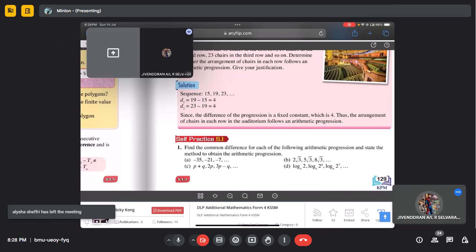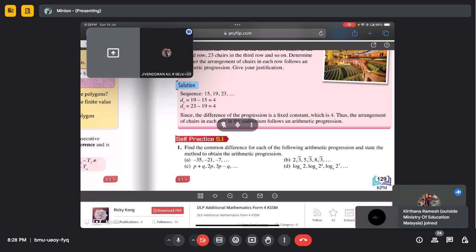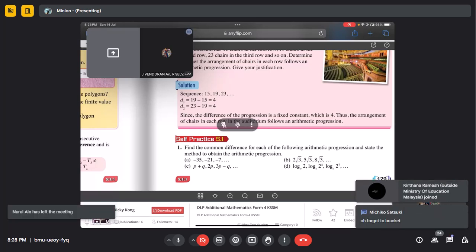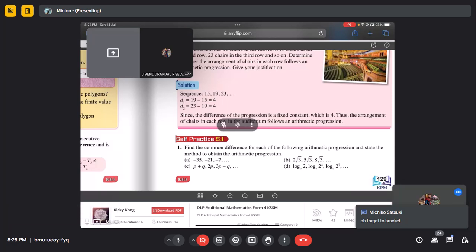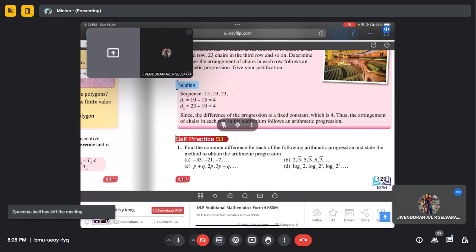So we are given P plus Q, 2P, and then 3P minus Q. You take the second term, which is 2P, minus P plus Q. In the bracket, so you must put the bracket.